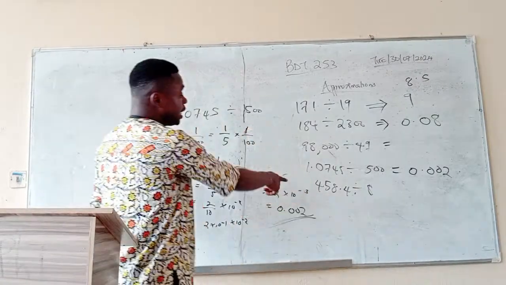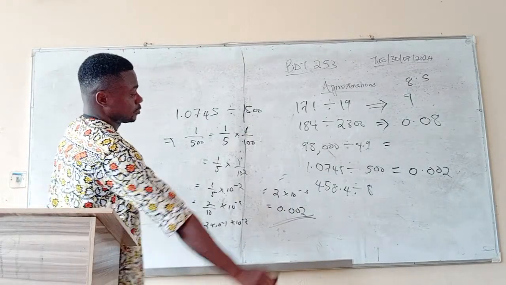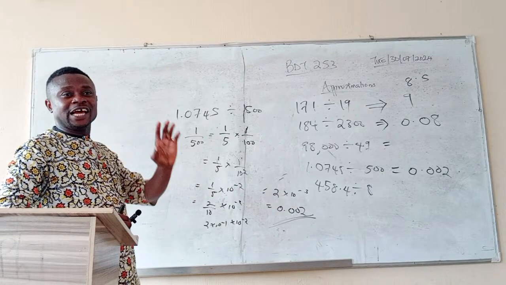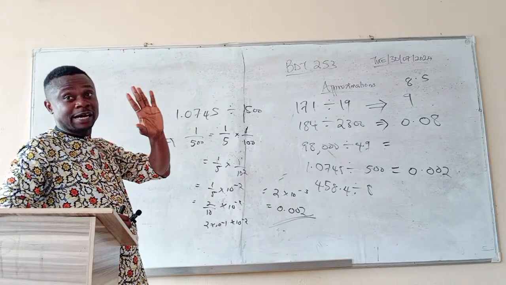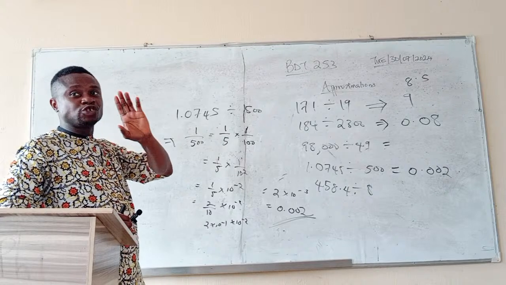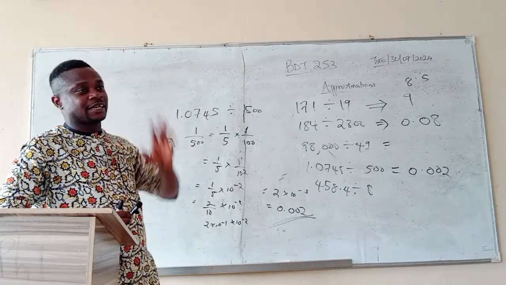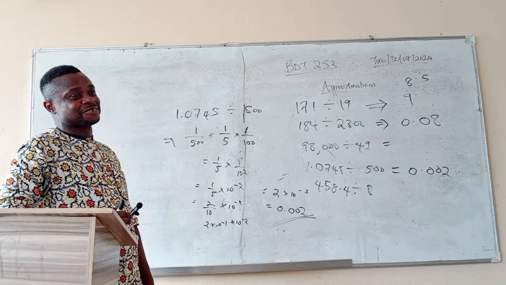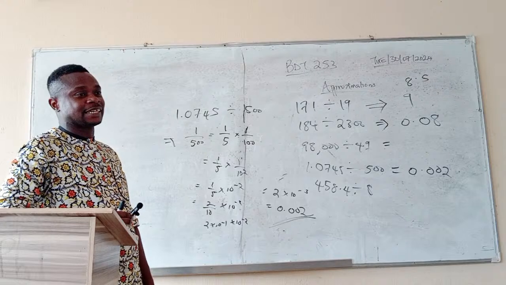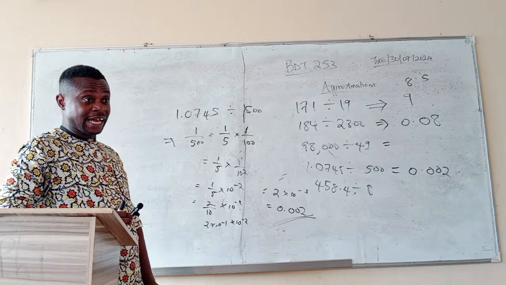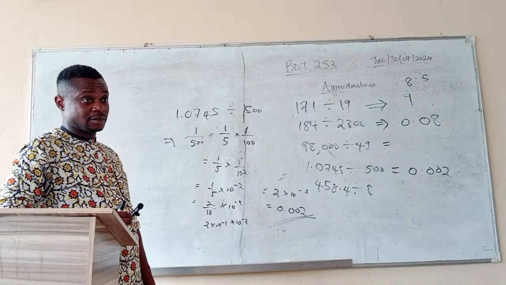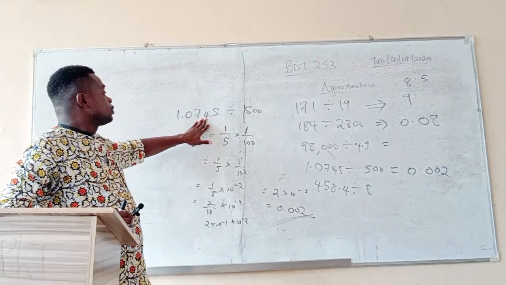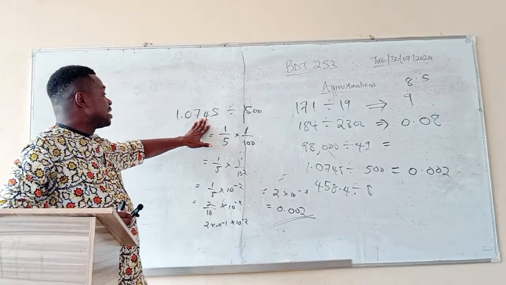All right, so last one. A lot of people have caught the fire in this class, and I'm happy that they can just look at an operation, bam, and say the answer. Did you have any other method in mind? This one divided by 1,000, by 10,000.